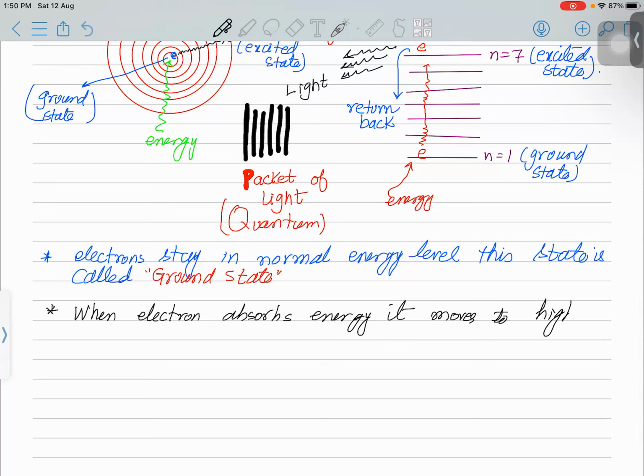Are you getting my point or not? Yes, sir. Alhamdulillah. So orbital is a place where there are maximum chances to find an electron.